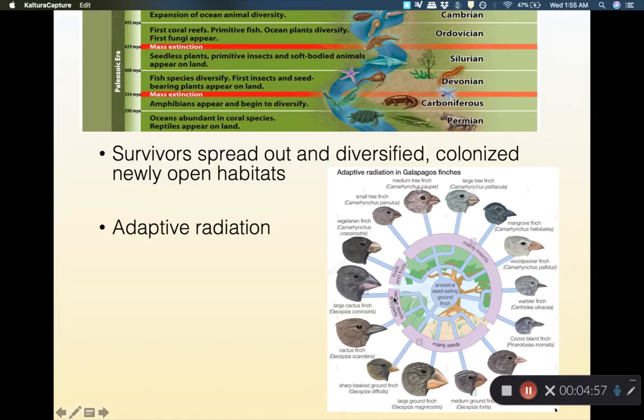So this is what's happening in terms of this longer geologic time. Those survivors are going to new habitats, diversifying and creating new traits. And this is what we call adaptive radiation. So basically, when species are going to new places, developing new characteristics, and ultimately evolving into new species.